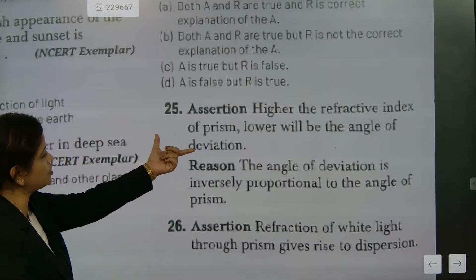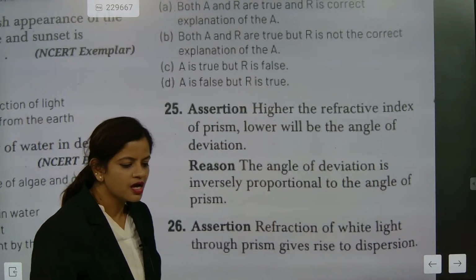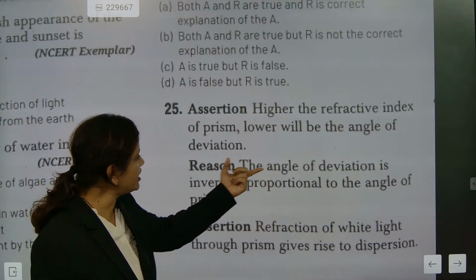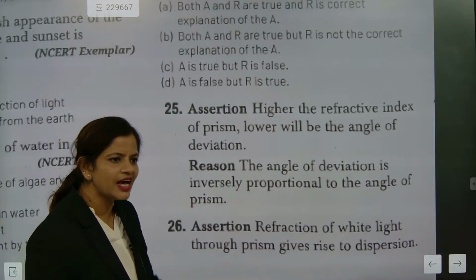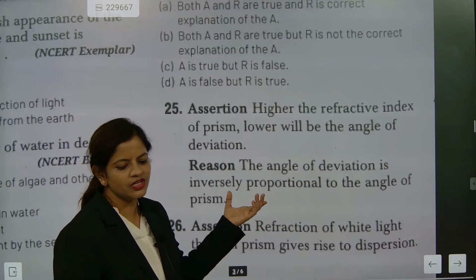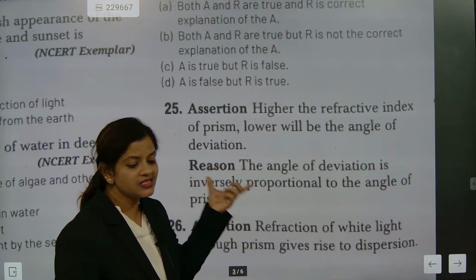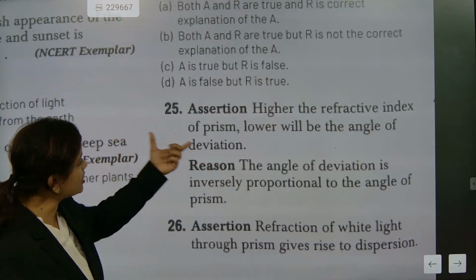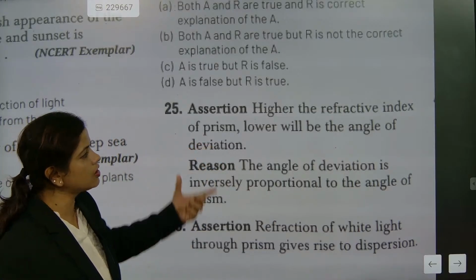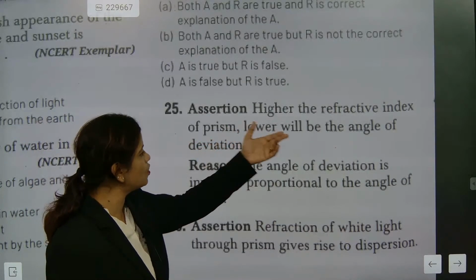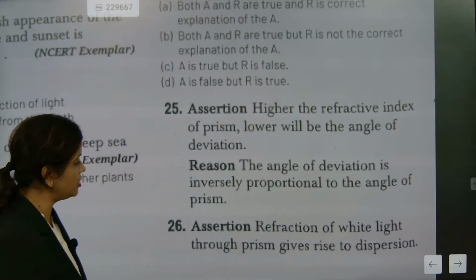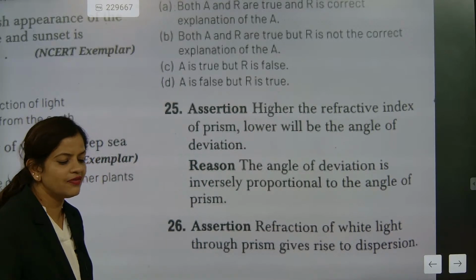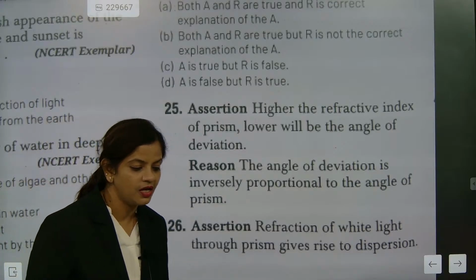So here the assertion is wrong. Note down: the angle of deviation is inversely proportional to angle of prism. This is a true statement. But this one is wrong: higher the refractive index, higher is the angle of deviation. Note down all this truth, otherwise in examination you will kill everybody along with yourself.